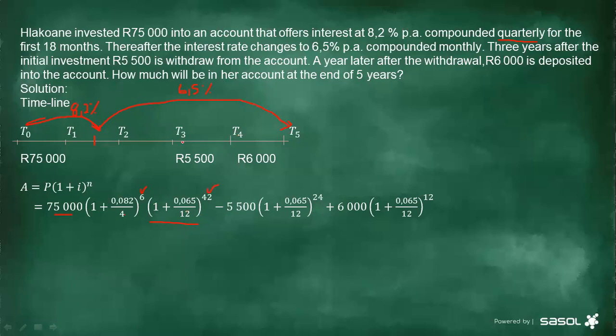Then it says 3 years after the initial investment, 5,500 is withdrawn from the account.